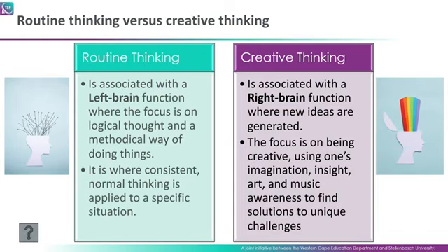That's your 1 mark. That's your statement. And then your qualifier is where new ideas are generated. So keep that in mind. If you're looking for distinguish or outline the differences, then you would have 2 marks for routine thinking and then the associated 2 marks for creative thinking.